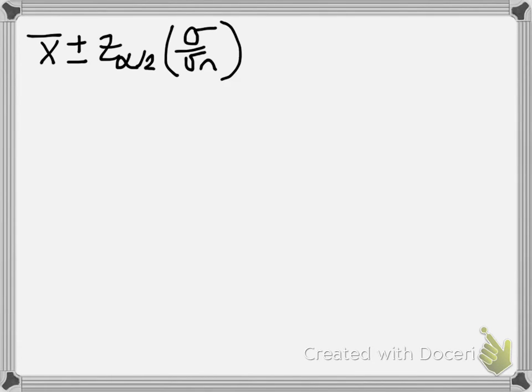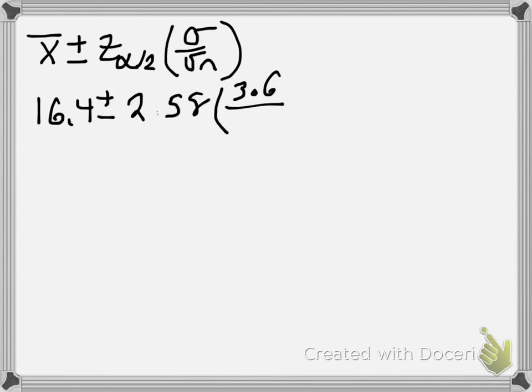Remember, guys, you can stop these videos and rewind if you need to. All right, x bar was 16.4 plus or minus z of alpha over 2, which was 2.58, times 3.6 over the square root of 49.